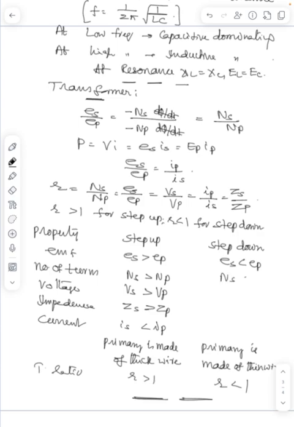Here N secondary is less than N primary, V secondary less than V primary, Z secondary less than Z primary, I secondary less than I primary. Here I secondary greater than I primary. This is about AC, alternating current. Thank you.